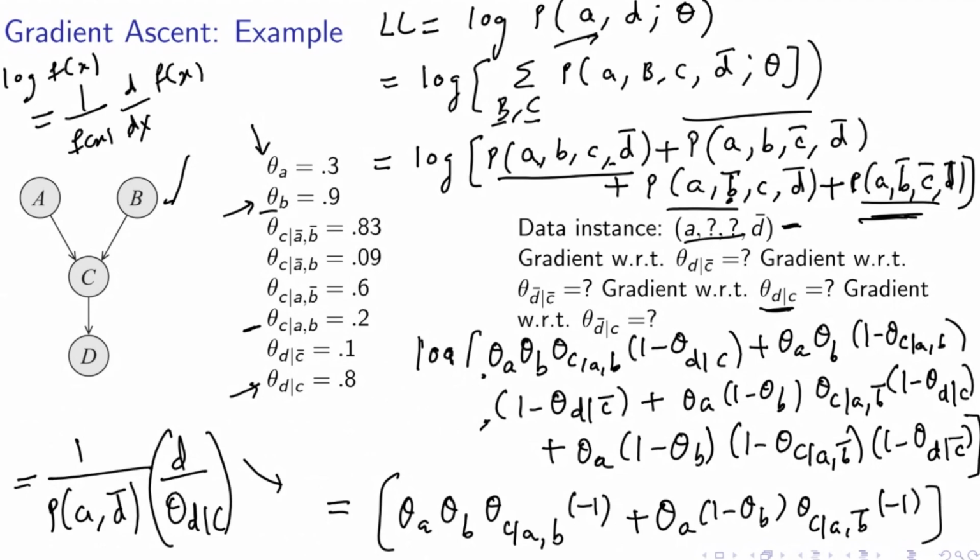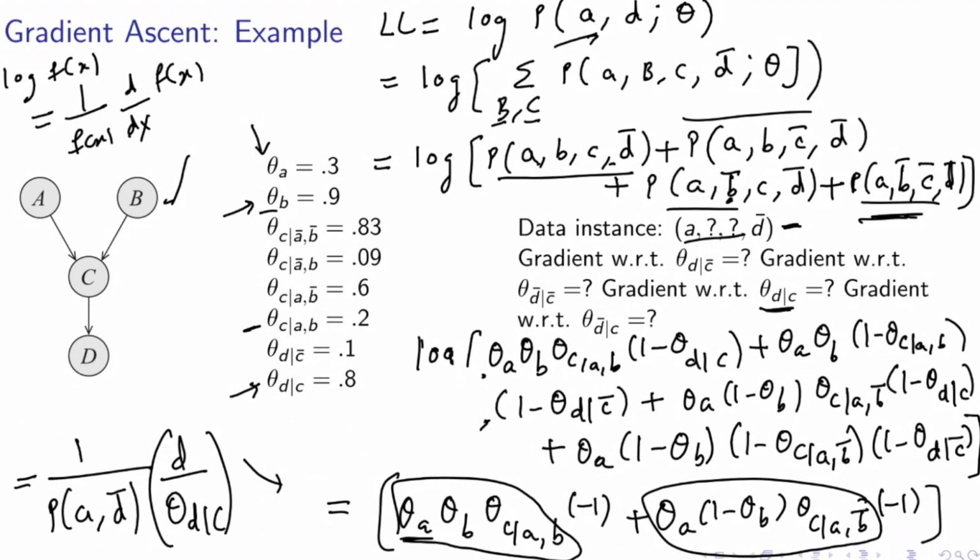And the last expression again does not contain theta of d given c, so the derivative of that will be 0. So the derivative is negative of the product of these three quantities plus the product of these three quantities. Great, so that will be the derivative with respect to theta of d given c.